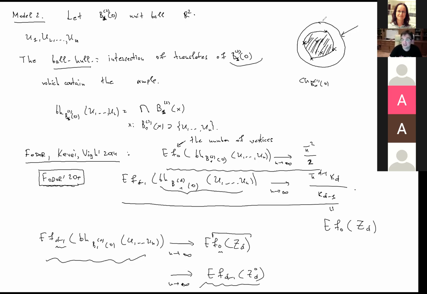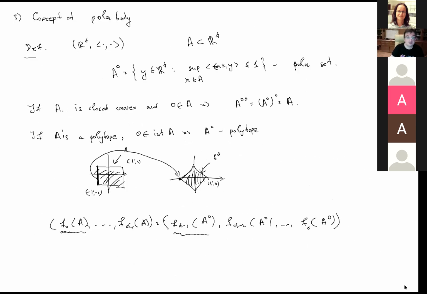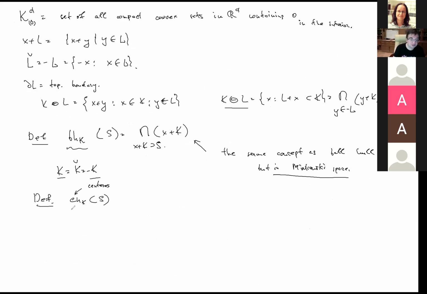So if the sample is large, so you have points somewhere here, right? So the set of centers is a small set around the origin. In order for a translate to contain a sample, you can only translate by a very small number. So this is the set of centers. And formally, this is defined as the set of all x's such that K plus x contains S.